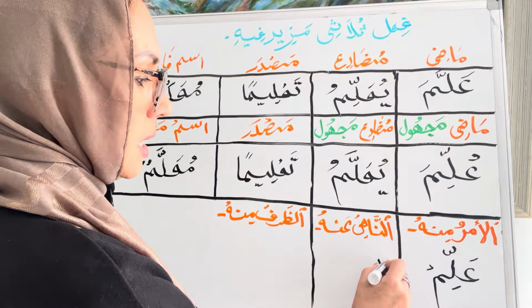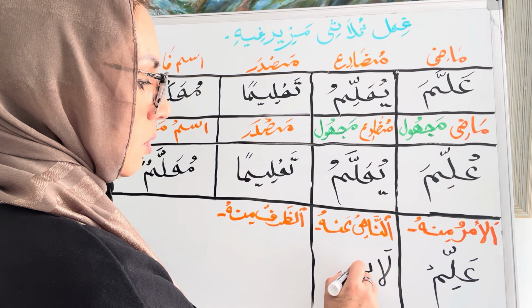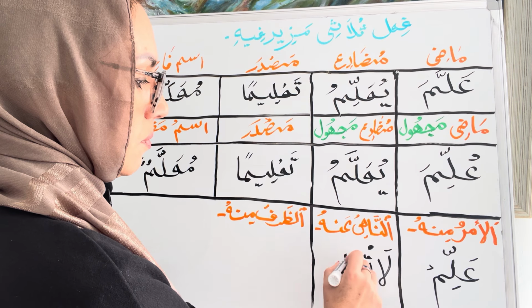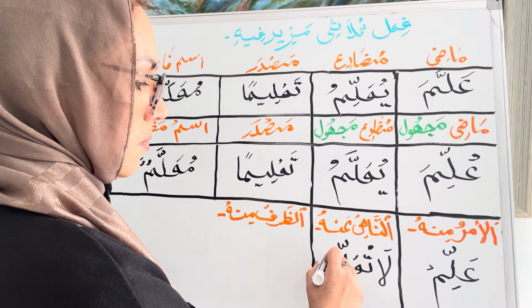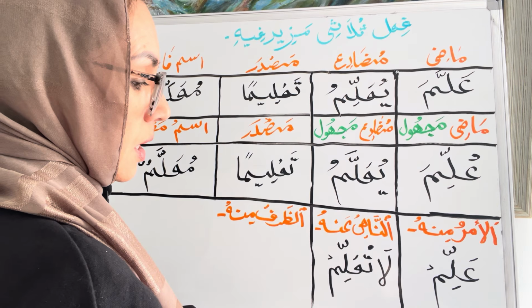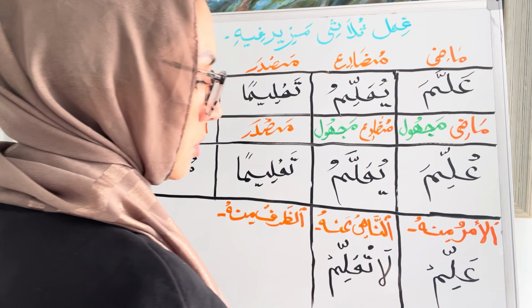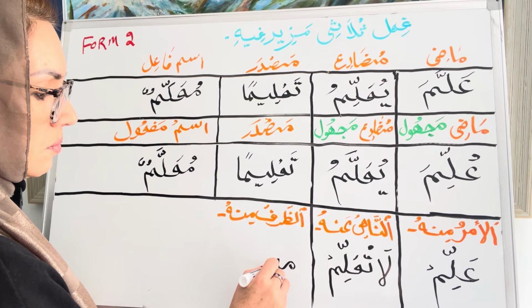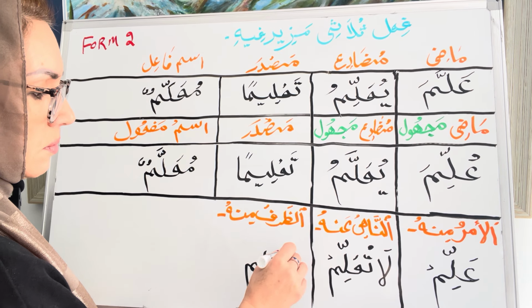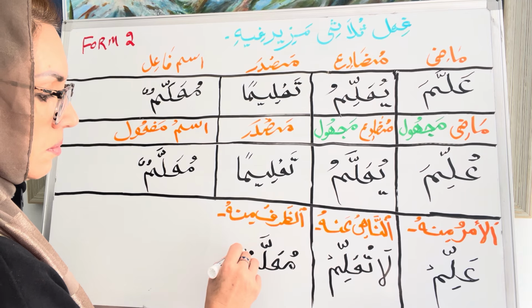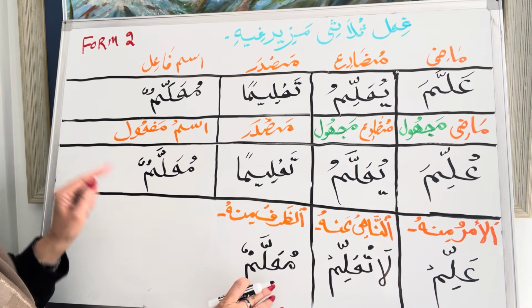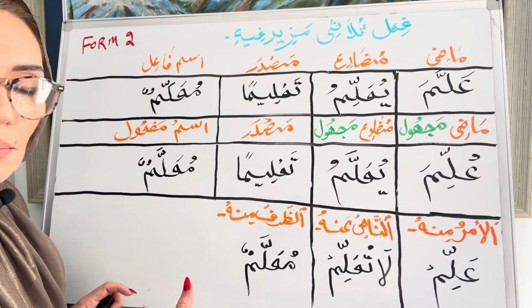So it becomes la tu'allim, again with sukun. And then the zarf, waz-zarf minhu mu'allam. It's the same thing here, so the ism maf'ul and the zarf are going to be the same.